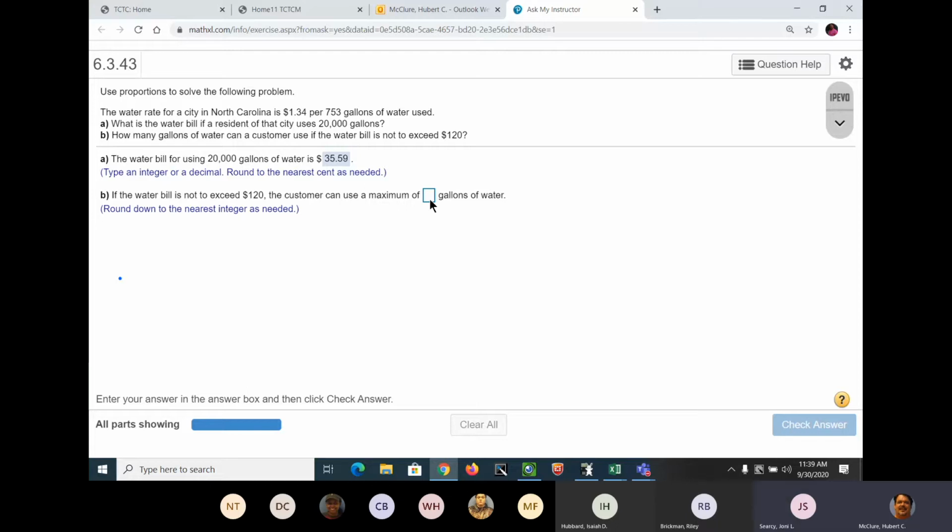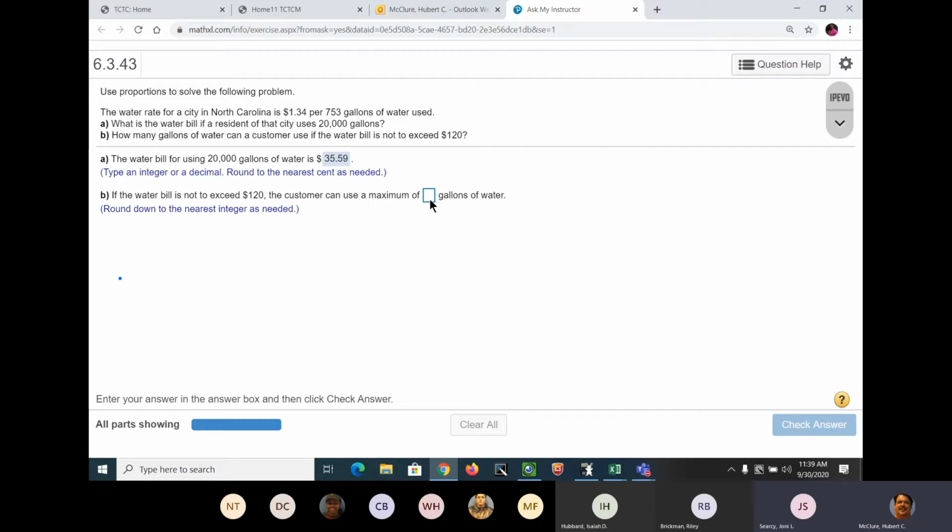I don't think that's going to work because we'd have to put a 1 up there. The dollars would cancel, but no, that wouldn't work. So what we got to do is an equation.